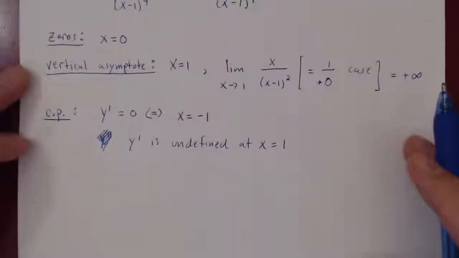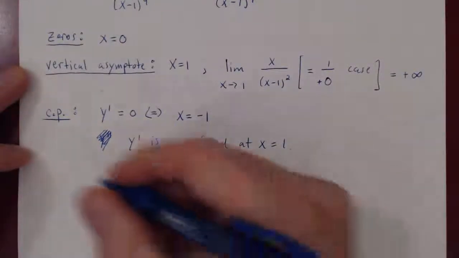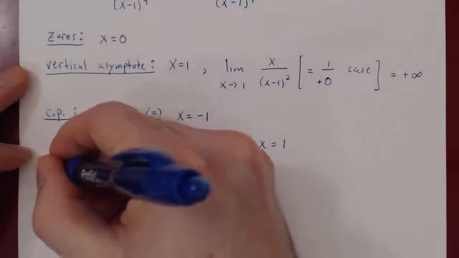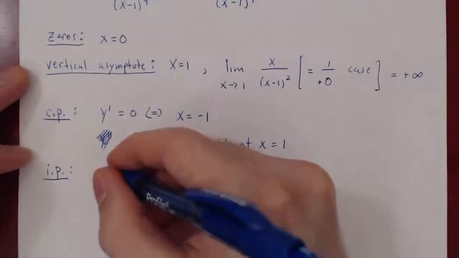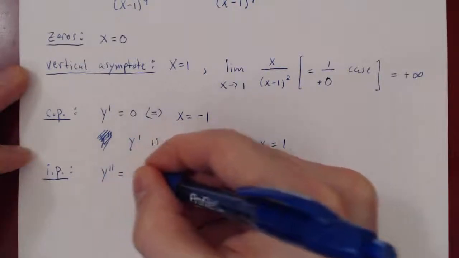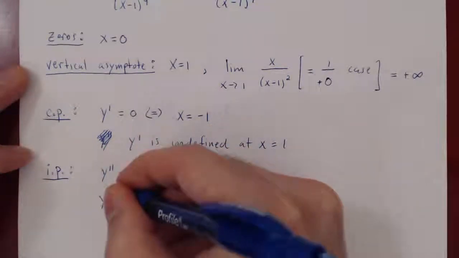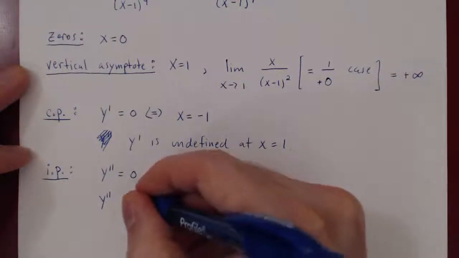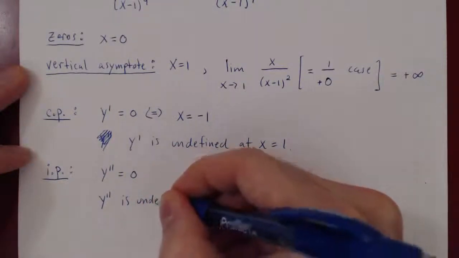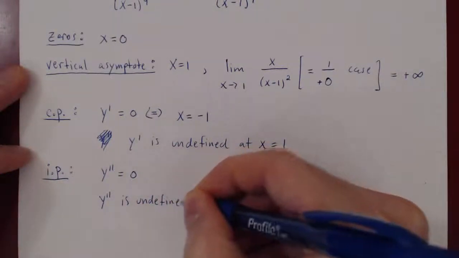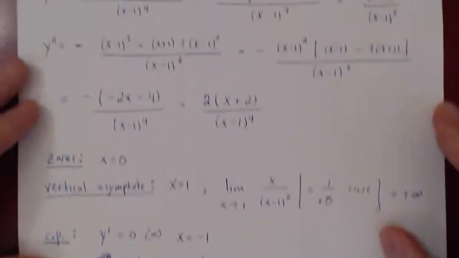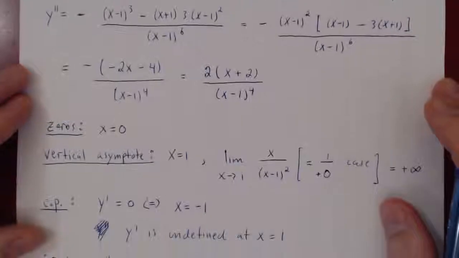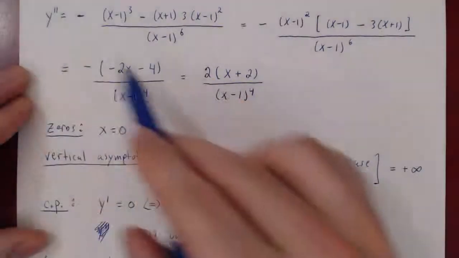What about our inflection points, or possible inflection points? Well, this is the second derivative being either 0 or second derivative being undefined. Let's look at our second derivative. It's right here.